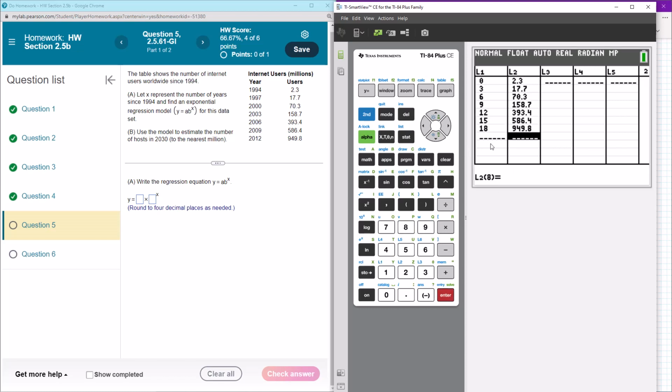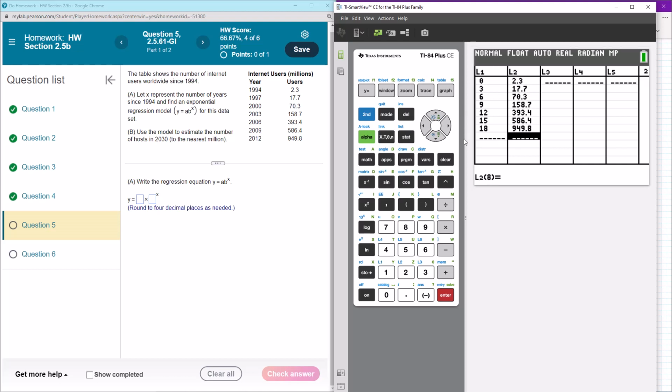Okay, so let's just make sure they're right. 949.8, 586.4, 393.4, 158.7, 70.3, 17.7, 2.3, 0, 3, 6, 9, 12, 15, 18. Okay, so that looks right.